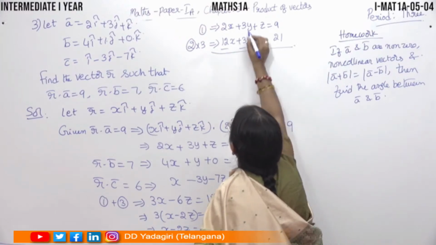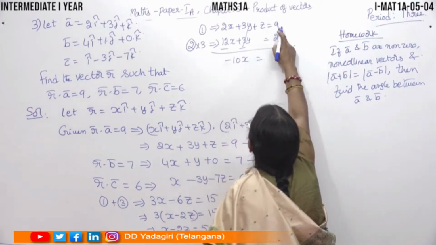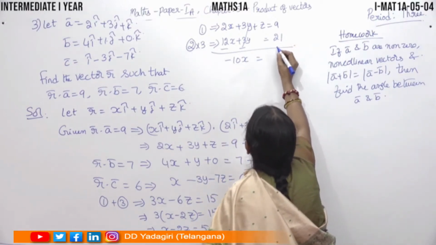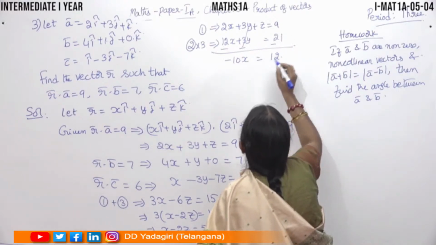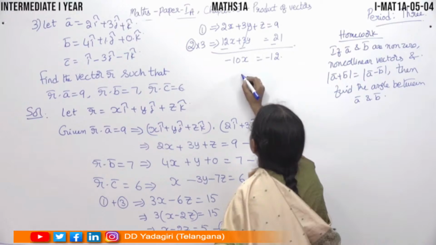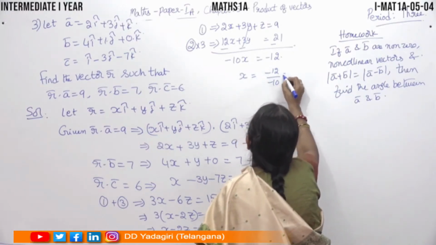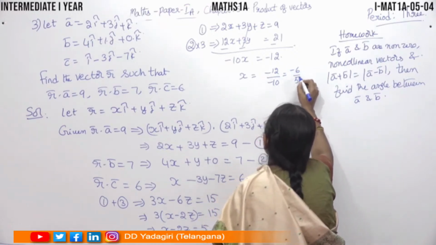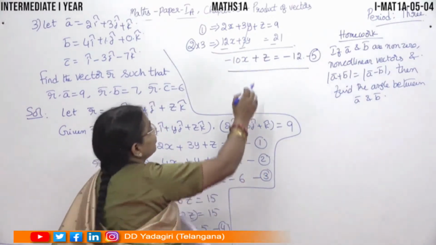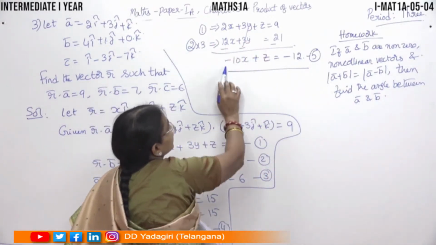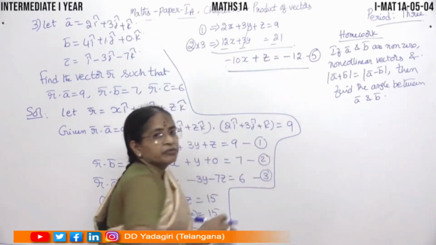When you subtract, y gets cancelled. Here I forgot to take this z. So it is minus 10x plus z is equal to minus 12. So this is your fifth equation.